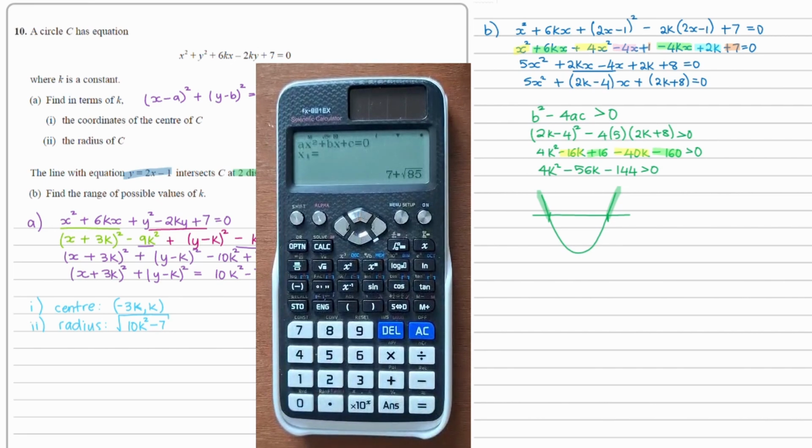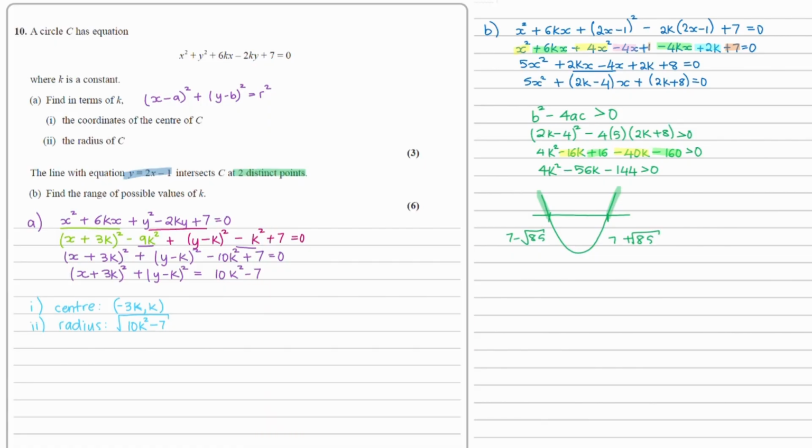And that gives us the first x value of 7 plus root 85, and the second value is 7 minus root 85. So we can label those onto the graph. And therefore we can see that the possible range of values for k is less than 7 minus the root of 85, and k is greater than 7 plus the root of 85.